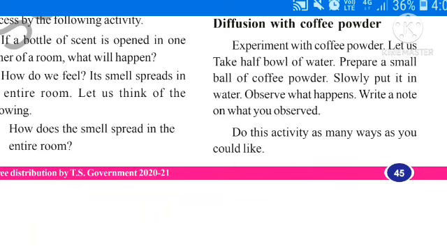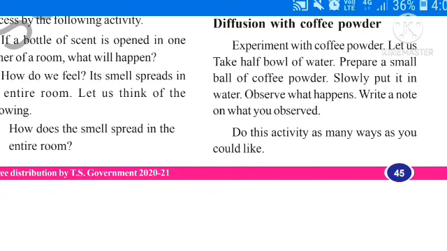Procedure: take a half bowl of water, prepare a small ball of coffee powder, slowly put it in the water and observe it. Observations: the ball of coffee powder starts dissolving in the water. The water around the coffee powder will appear dark in color.